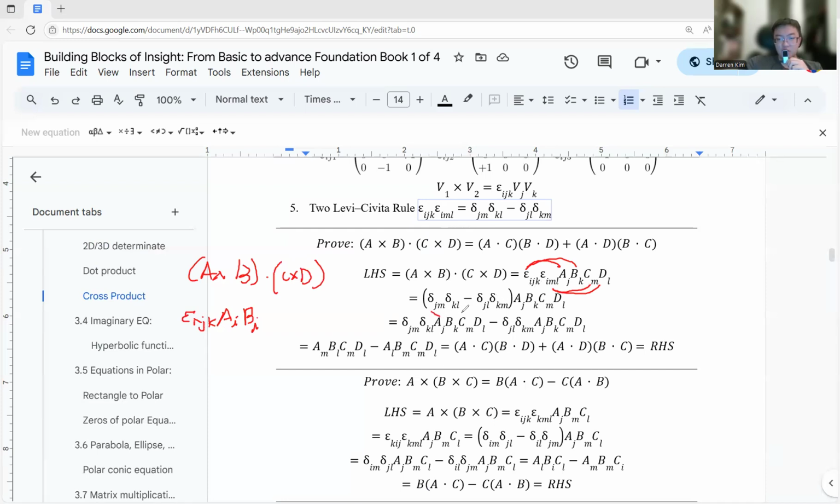Anyways, you bring in this property over here, the identity, and then you use the fact that you can distribute. And if you see an i and an i, you can change this and drag this m over here because it's a Kronecker delta. And you can keep on doing it to finally get this right-hand side.